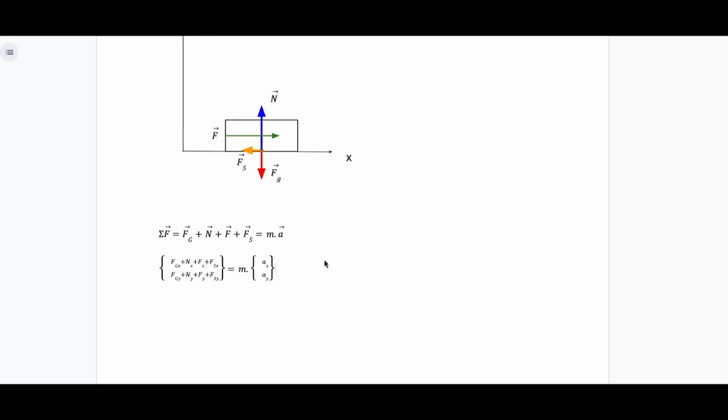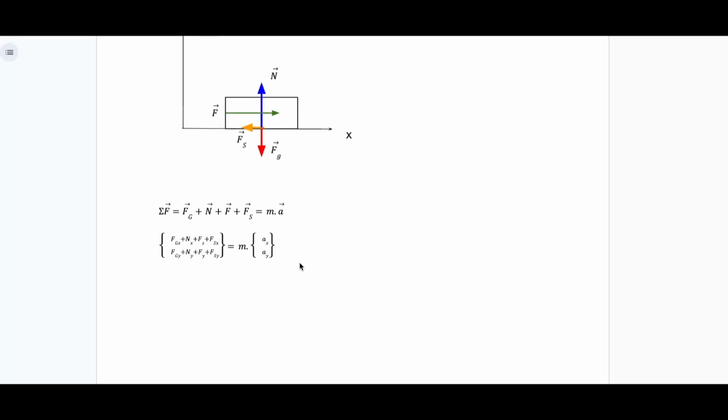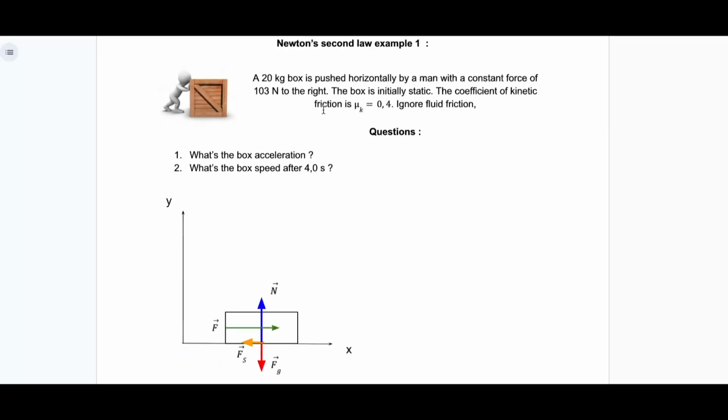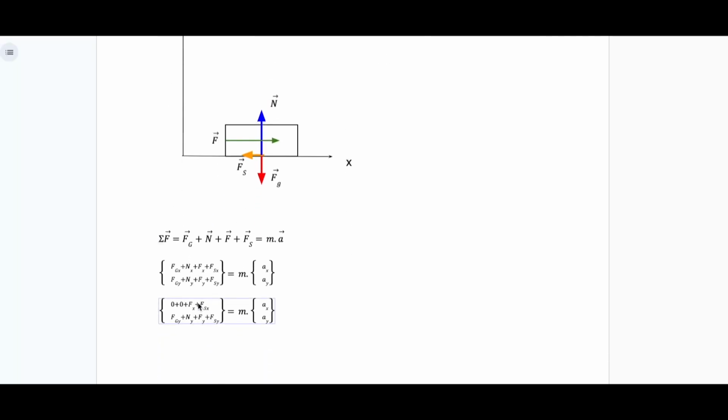Okay, so now that I have the projection of all my vectors, what I want to do is identify the values of all the vectors that I can identify. I just know that the x value of the gravitational force, because it's vertical, is 0. Same for the normal force. It's vertical, so its value horizontally is 0. The applied force, they gave it to us here, it's 103 newtons.